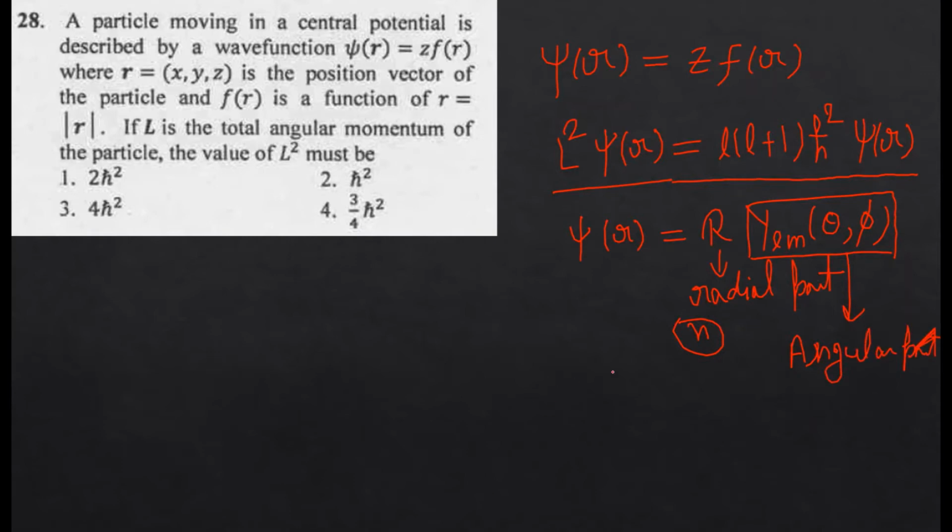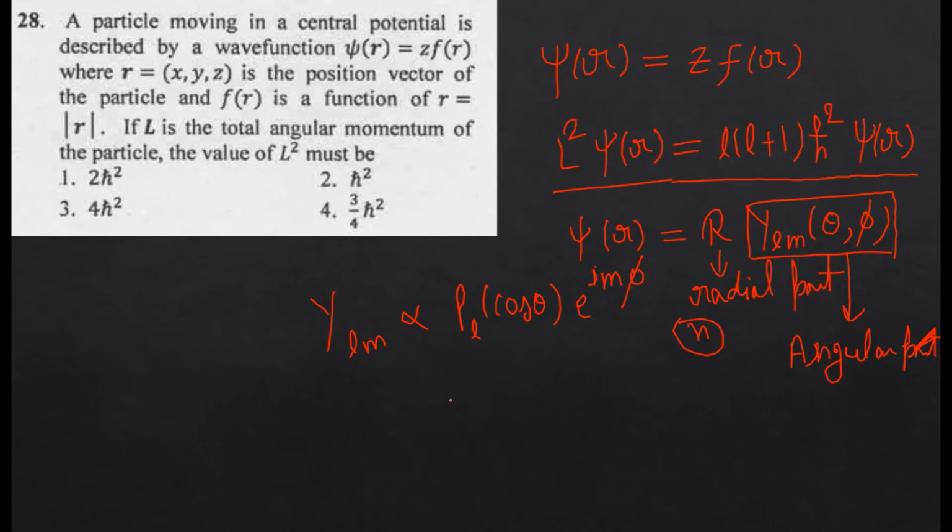Okay, so this Y lm depends on P l cos theta and e to the power i m phi. If you want to know the m value, then if in your function there is e to the power i m phi and you want to calculate the value of m, then from this function you can calculate it, and the value of L you can calculate using P l cos theta.